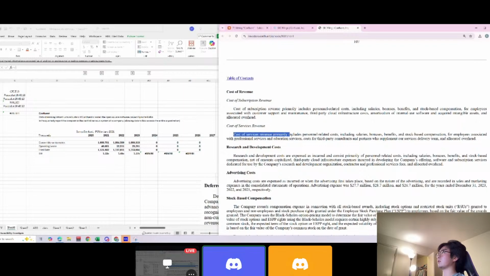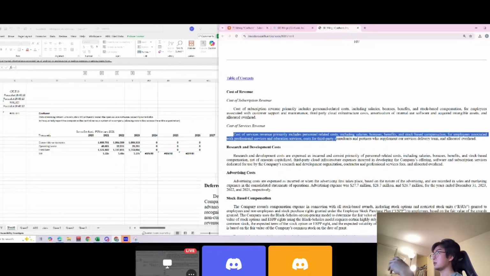So cost of services revenue primarily includes personnel-related costs, including salaries and bonuses associated with professional services and education services, costs for third-party consultants and partners who supplement our services delivery team, and allocated overhead.